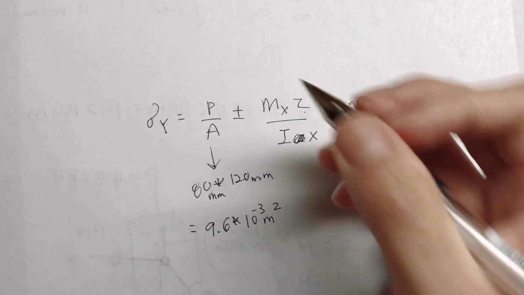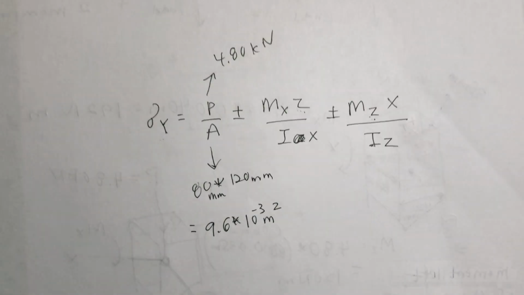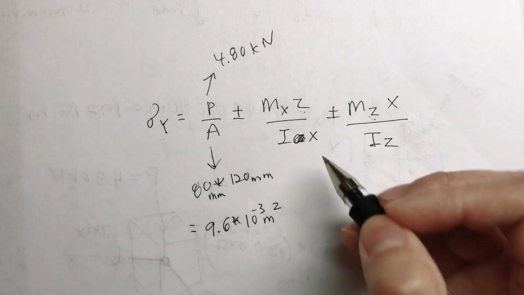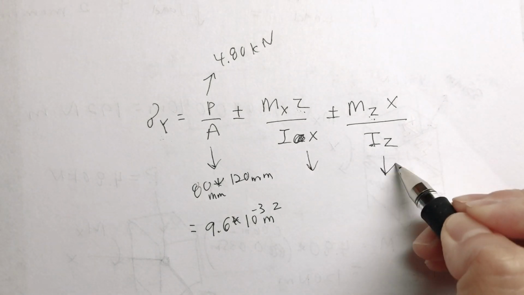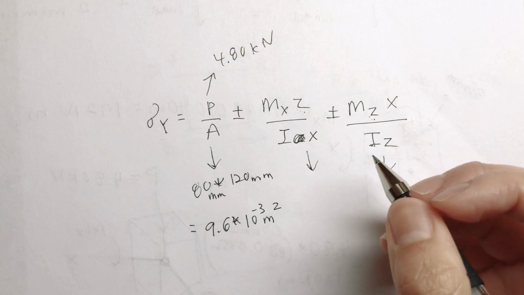P is given, 4.80 kilonewtons. Ix and Iz, it's 1/12 b h cubed.